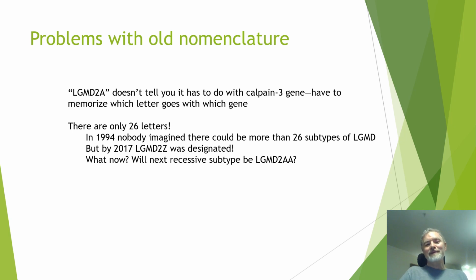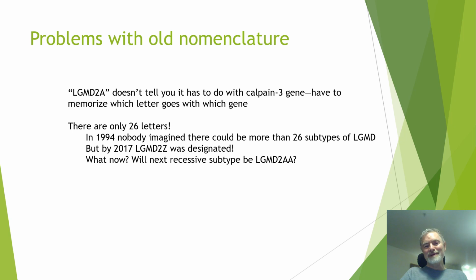Okay, now in 1994, no one ever imagined that there were going to be more than 26 different genes that could cause LGMD. But by 2017, for the recessive types of LGMD, you had gone through the entire alphabet.